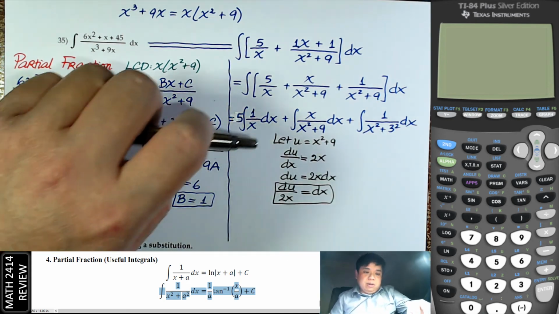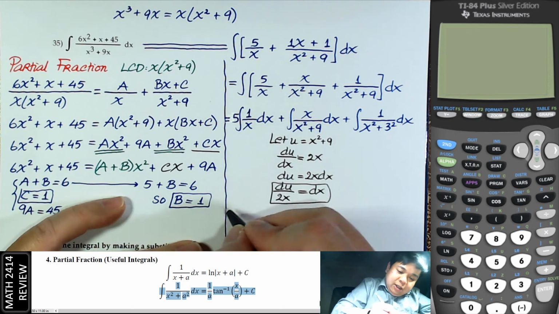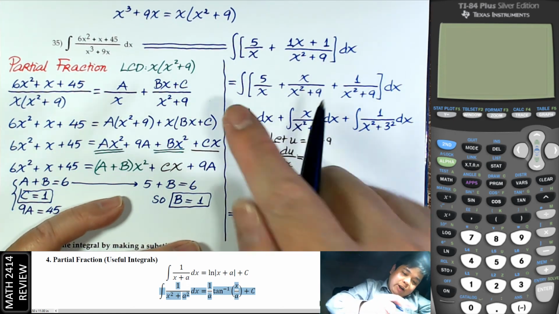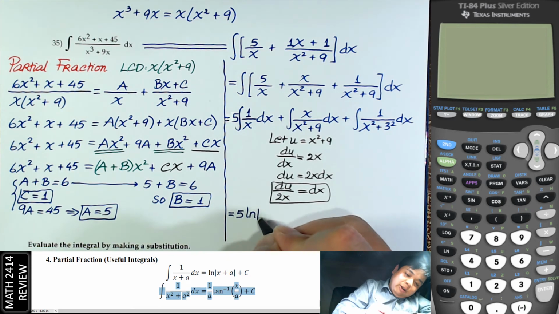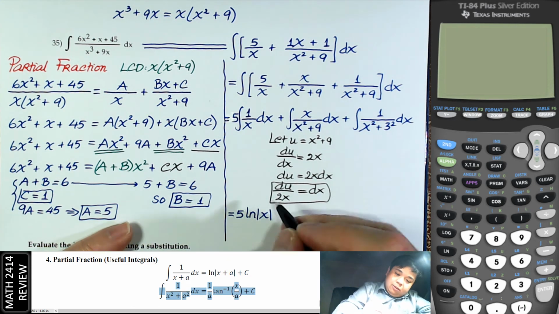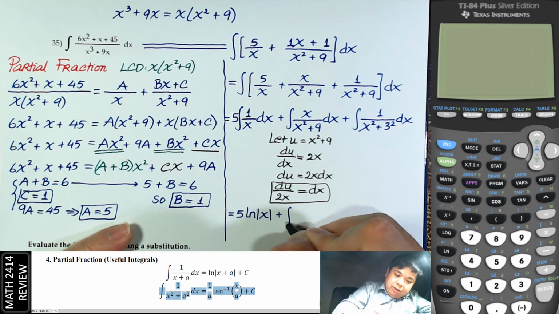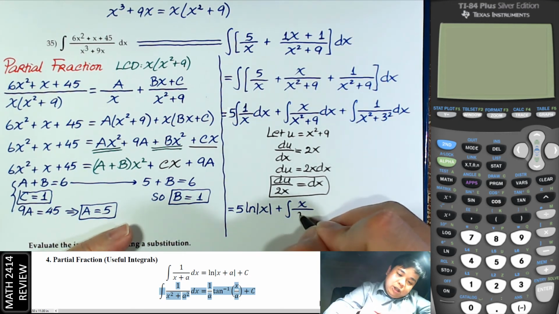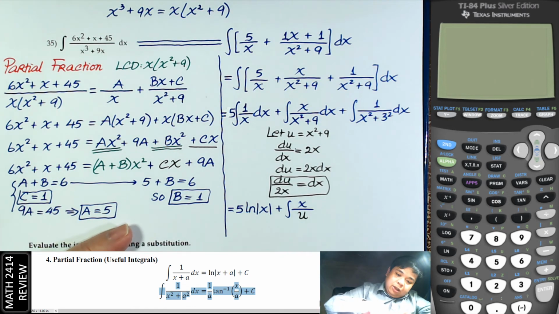Okay, that's the substitution for that one. First, integral 1 over x is just ln of absolute value of x. This will have x squared plus 9, that's going to be u, and dx is du over 2x.